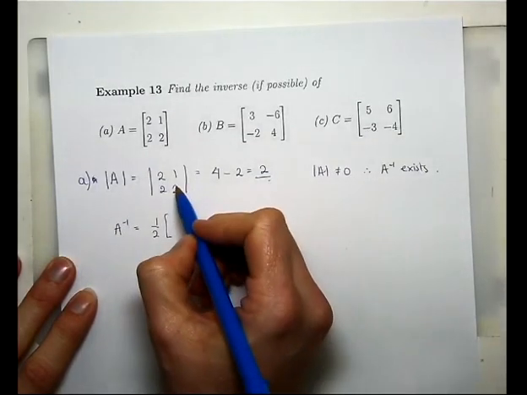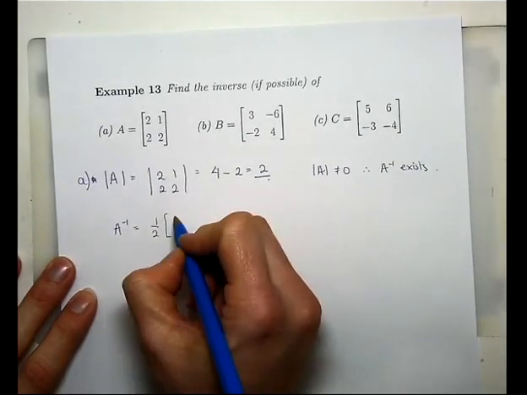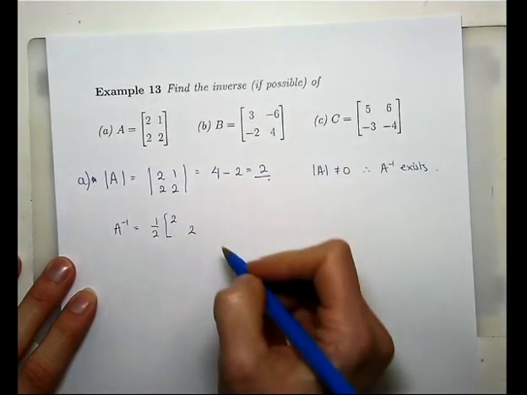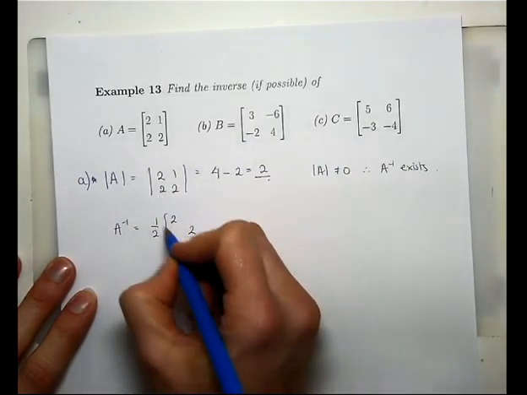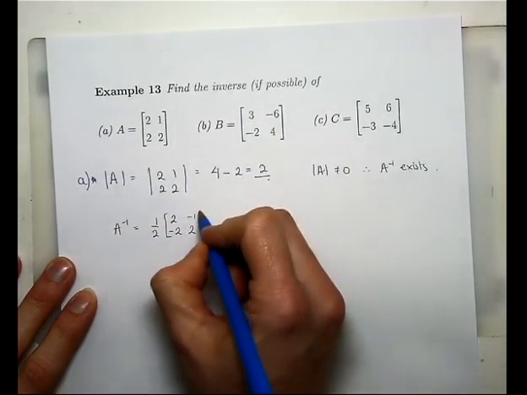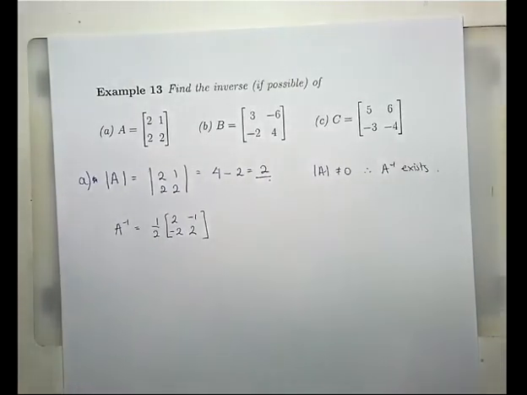Then in the matrix, you have to swap these two entries. Well, that's not very exciting, is it? Swap those two entries, and with these two entries, you've got to stick a minus sign in front. That's it. Done.